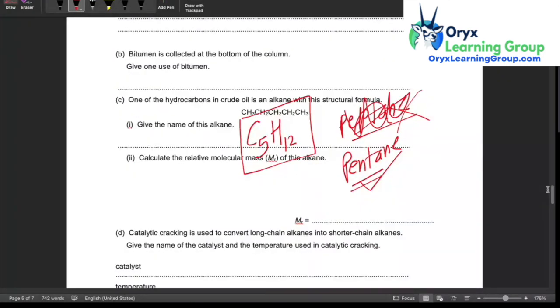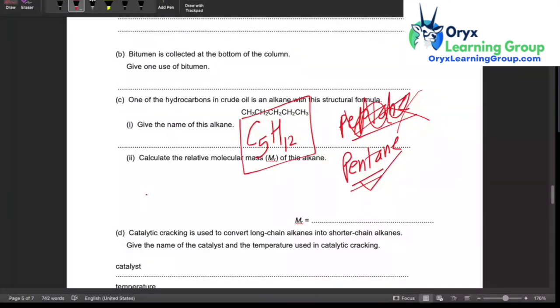So what will be your answer for this one? Calculate the relative molecular mass of this alkane. It's 72.